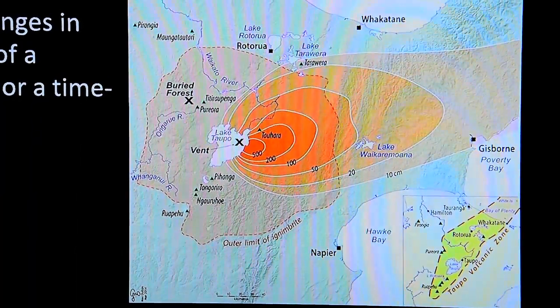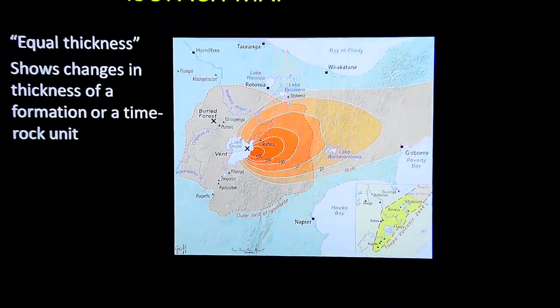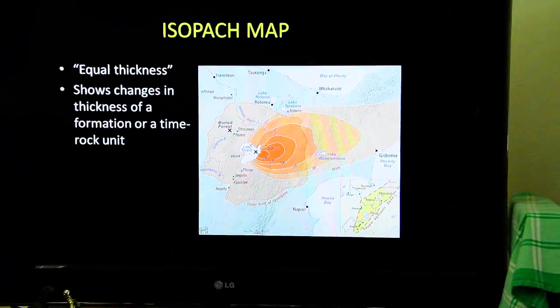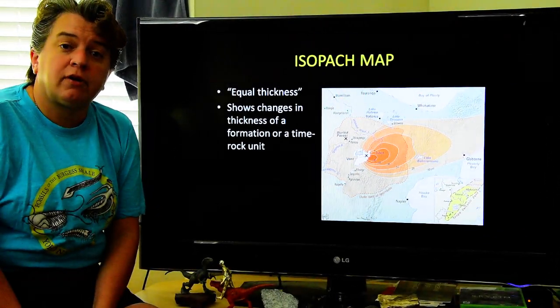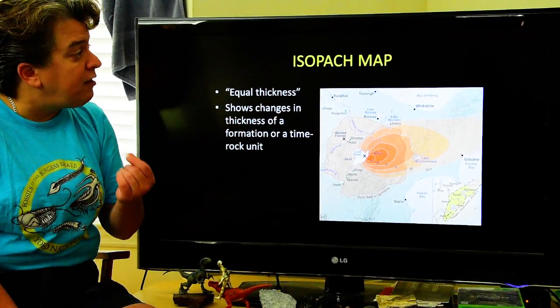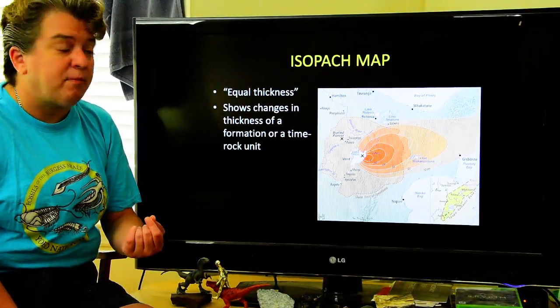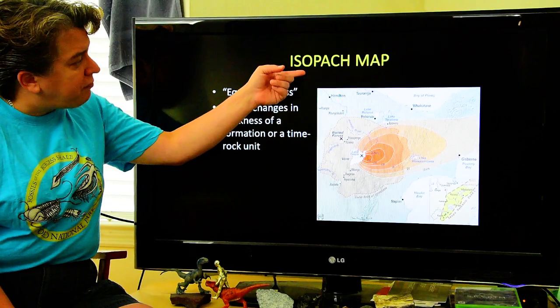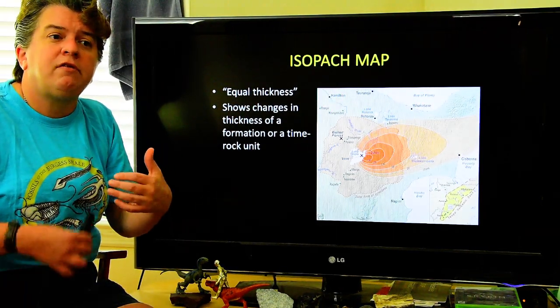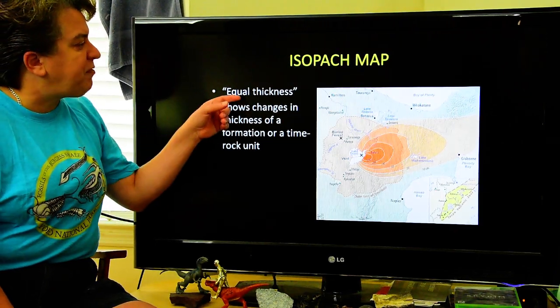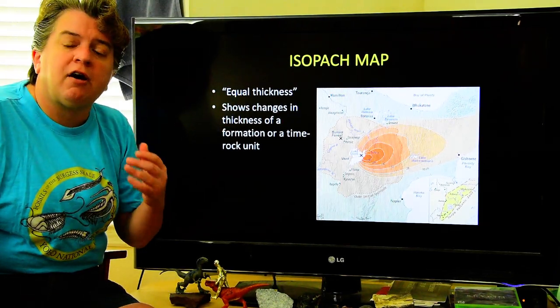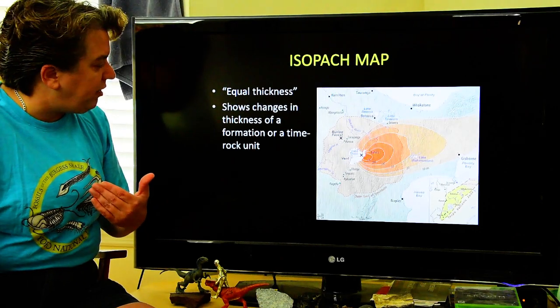Now, another map that we don't use as often, but it can be important for certain types of studies, is what's called an isopach map. Anytime you see iso in science, iso means equal. And an isopach map maps the equal thickness of a specific rock formation.